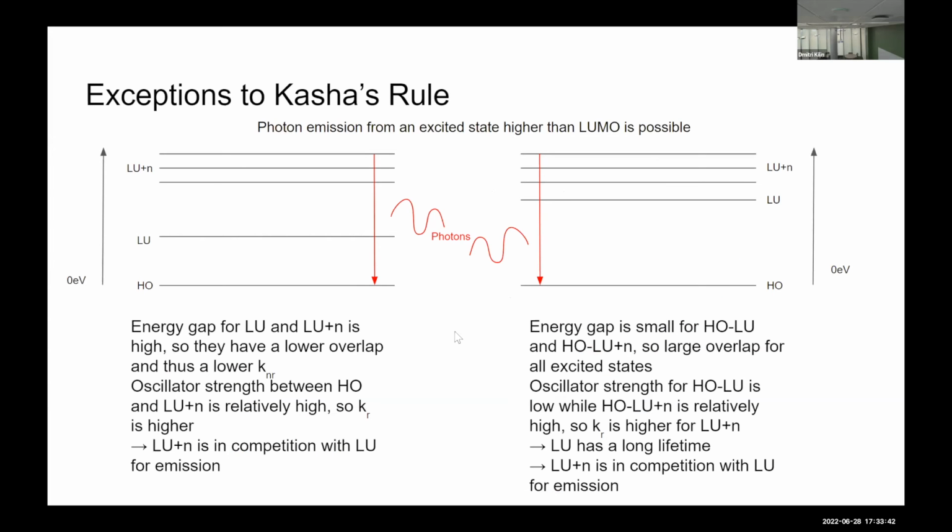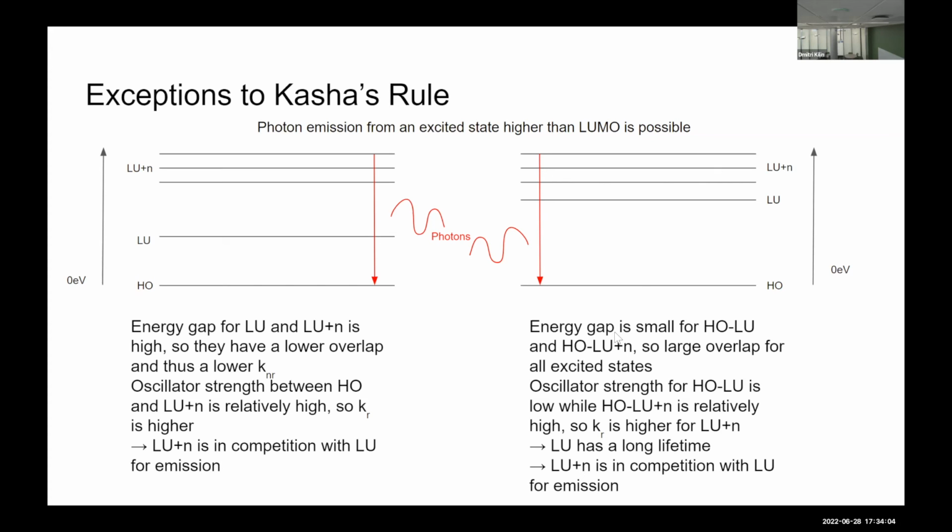So here what I was trying to show was that with Kasha's rule, we're not always going to get photons emitted only from the HOMO-LUMO transition. We might get photons emitted from a HOMO to LUMO plus 5 or something like that.